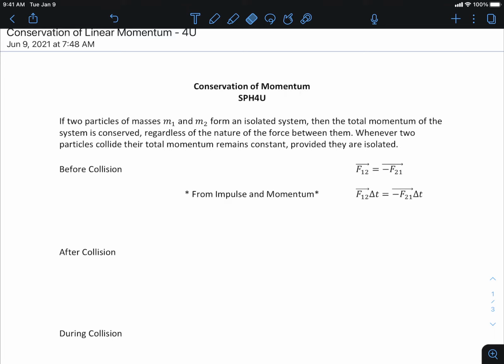Before a collision, we might have a mass m1 traveling with some velocity vi. We'll call it v1, or we'll leave it vi, v initial.